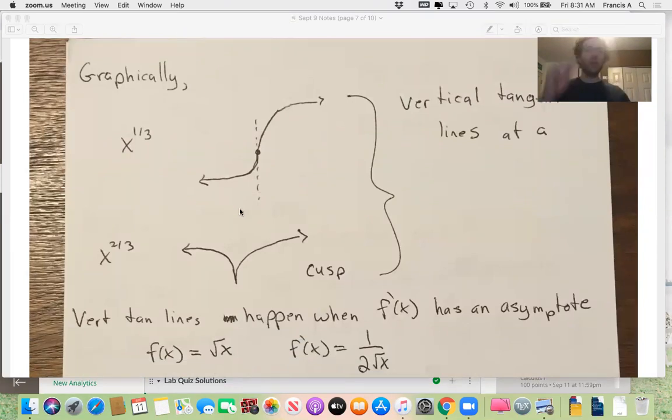Okay. So graphically, there are a couple situations where you can have these vertical tangent lines. If you graph x to the 1/3, or this is the cube root of x, same thing, its graph looks something like this. It's like an x cubed, but turned on its side.